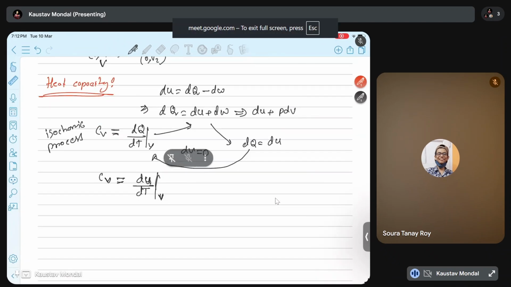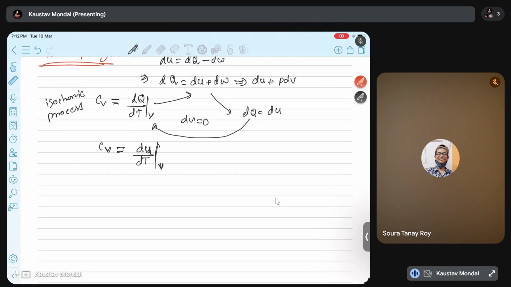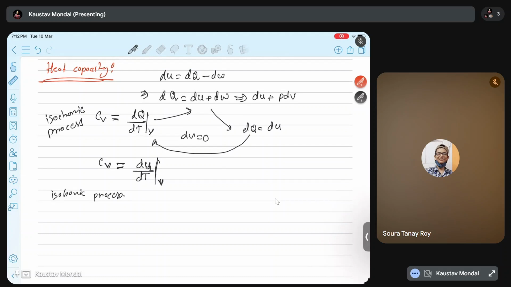Next is specific heat at constant pressure, known as the isobaric process.